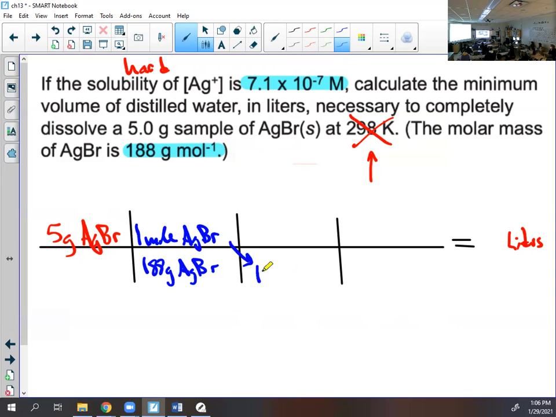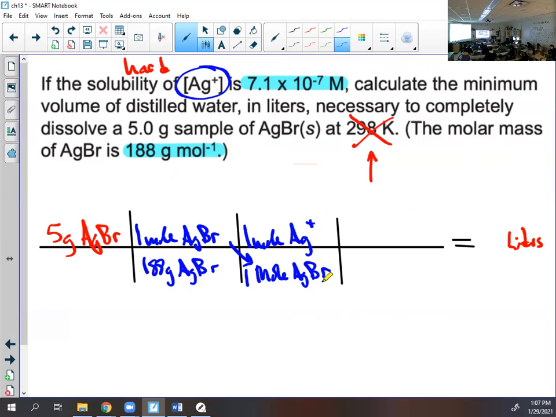I want moles of AgBr. Now I know what you guys are trying to do and the math works, but just trust me for a second. This is talking about Ag+, correct? So is this Ag+ right here? No, so follow me here. It's 1 mole of AgBr for every 1 mole of Ag+.